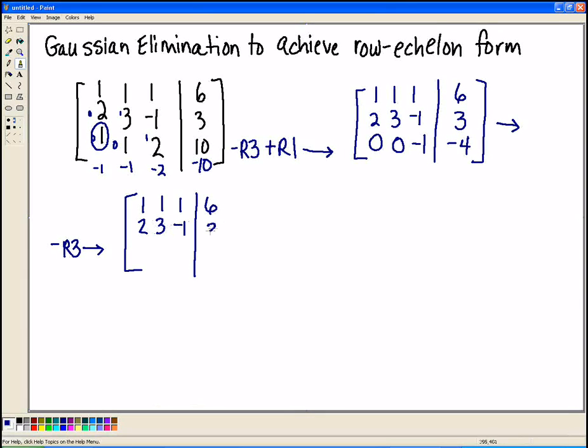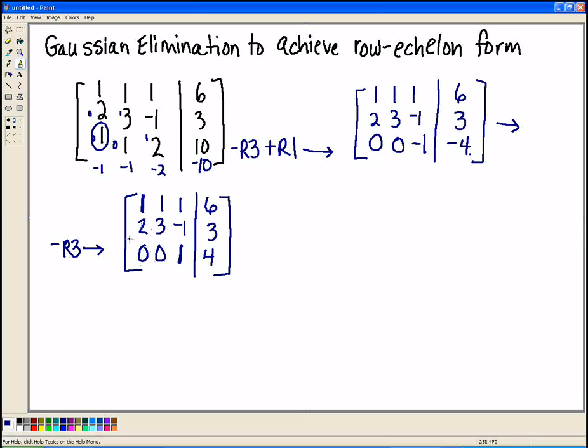It's going to stay the same. And all I'm doing in the last row is multiplying the entire row by -1. So this -1 becomes a +1, the -4 becomes a +4. Alright? And now I've gone a long ways. I've got a 1 on my diagonal here. I've got a 1 on my diagonal here, which is what I want. I've got zeros to the left.